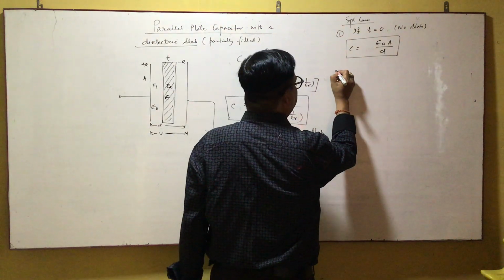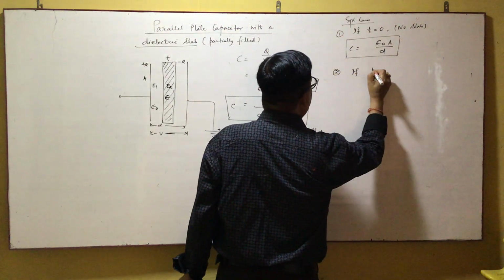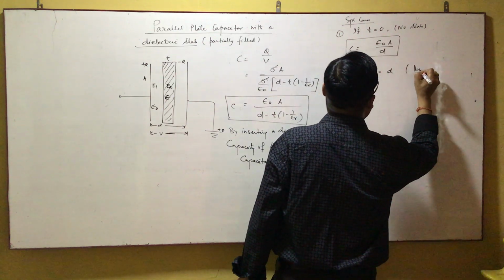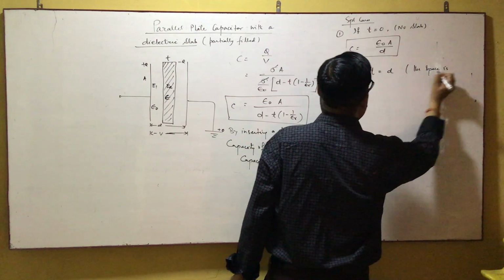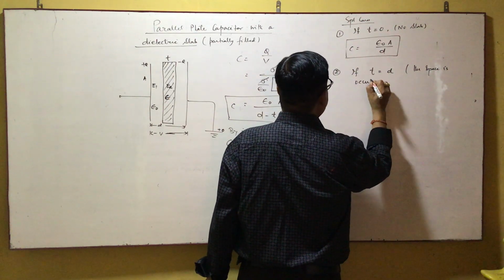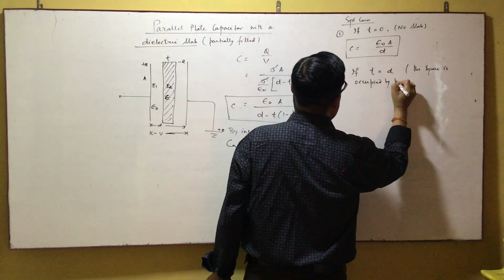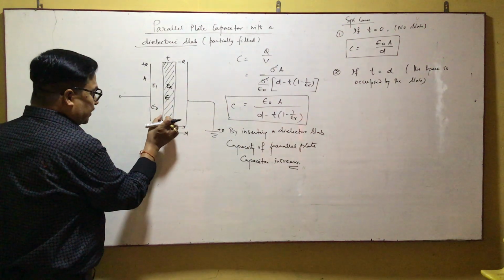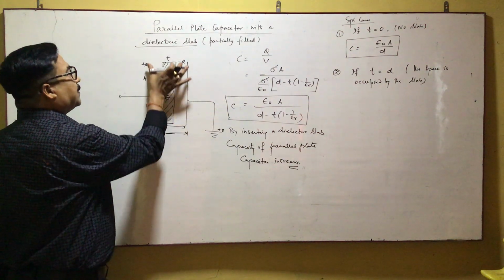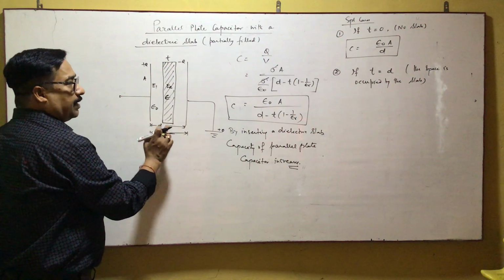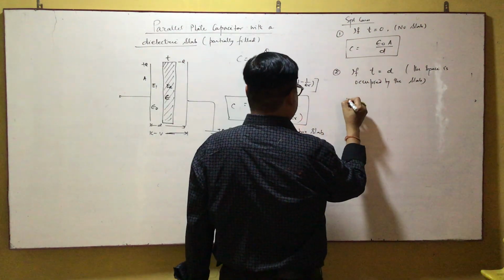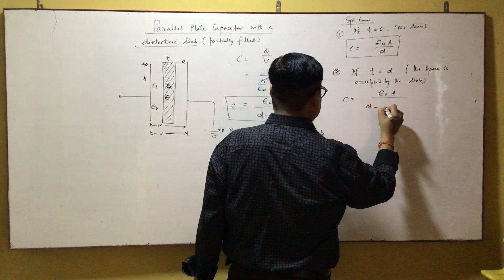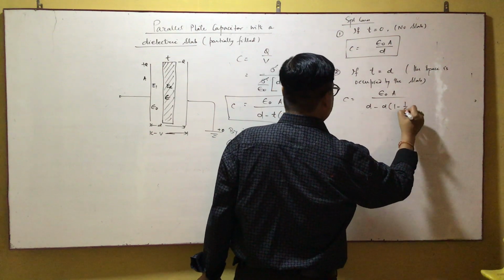Now if T is equal to D, means the space is occupied by the slab, so the whole space between the two plates is now occupied with this medium. By simply putting the value, we can write C is equal to epsilon naught A by D minus D (1 minus 1 by epsilon r).